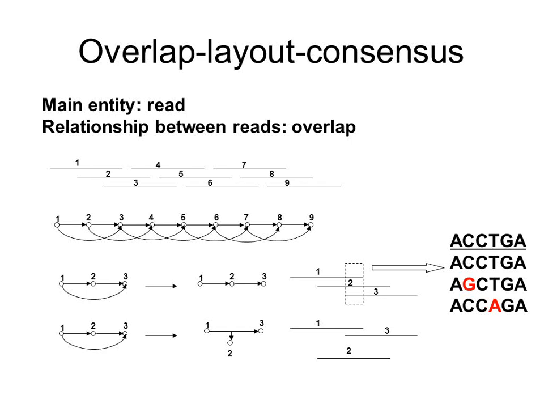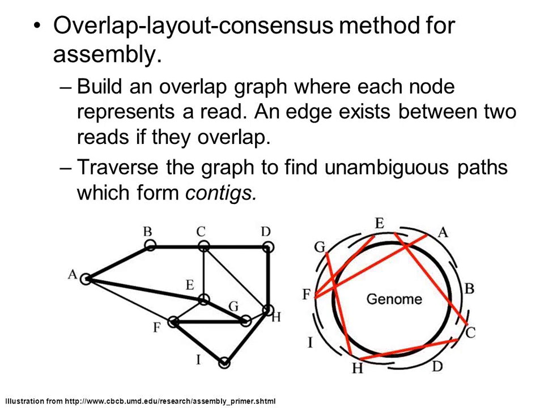With overlap layout consensus, the main entity is the read, and the relationship is always the overlap. So it records the overlaps, and by doing so, it can then combine these together. Once it generates the graph, it can look at the graph, find the areas that have the best amount of overlap, most redundancy, do those first, and then successively do the rest. Okay, so that's the idea about it.